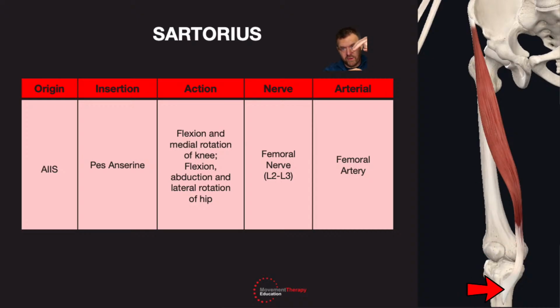And because we've got three going into there, the attachment point looks like a goose's foot, which is what pes anserinus means. Okay, so that's why it's called that. So this is the goose's foot just here. It can be a really tender area just because there's lots of attachments of muscles in there.